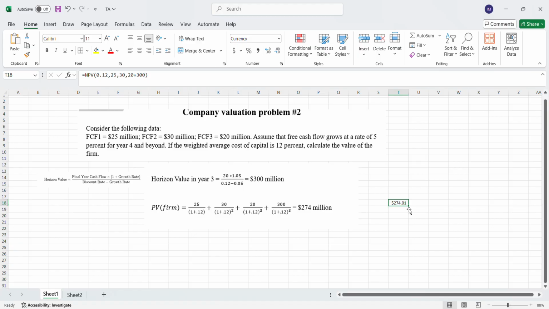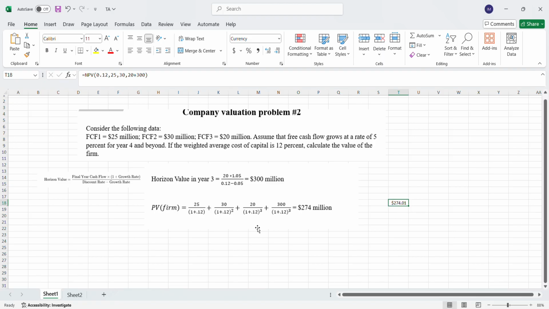Even if you make a mistake in the formula, if you have all the calculations in detail, the professor can have an idea that you are on the right track, but maybe there is a mistake in the formula. So I would suggest doing it step by step, and to cross check that the result is accurate, you can use this formula to confirm that your result is correct.